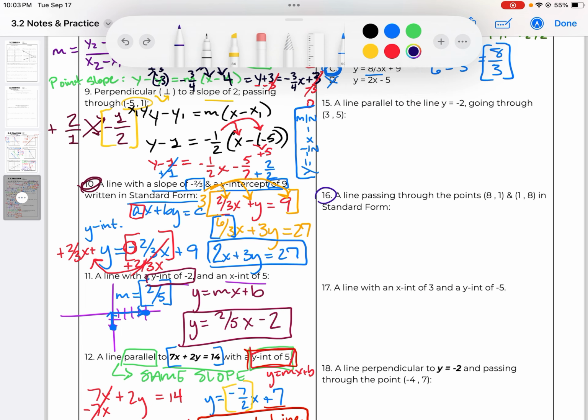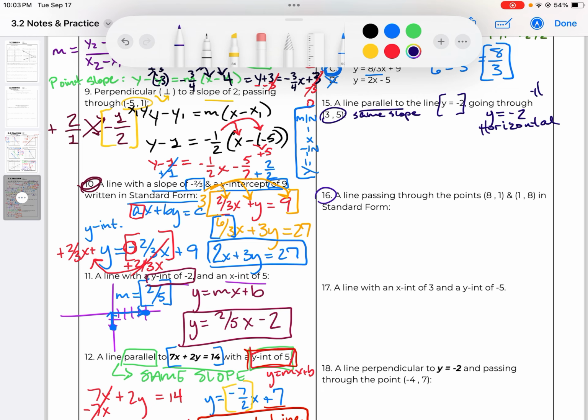For question number 15, it says a line parallel, so same slope, to a line that goes parallel to the line y equals -2, but it goes through this point. Well, what is unique about the line y equals -2 is that it is horizontal.